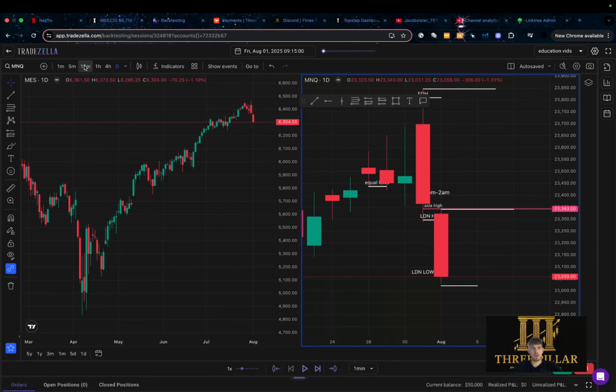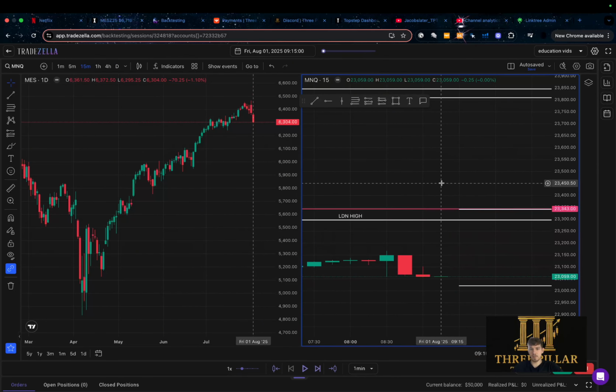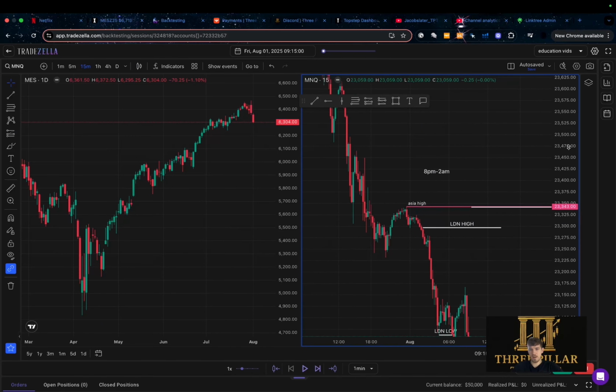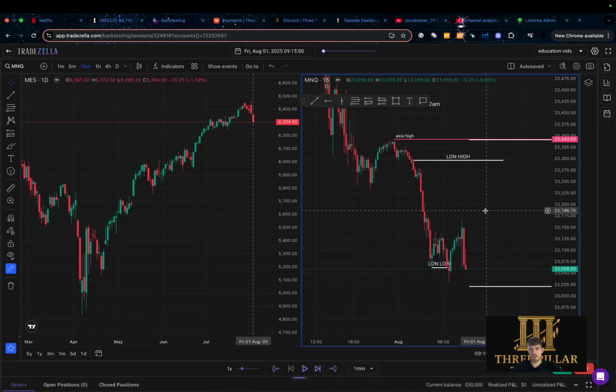You can also mark it on the 15, but sometimes people who are less used to seeing it on the 15, it's a bit harder to spot. But basically, you look between 12 o'clock, right at the start of the new day, and between where price is now and the lowest point we've got to, which is here.